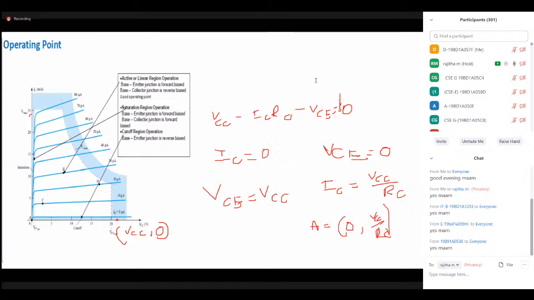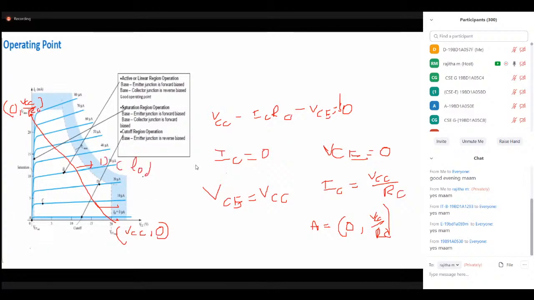So one point on the y-axis, now we have node A as 0 comma IC maximum, or VCC by RC. If I draw the line which joins A and B, then this is known as the DC load line.